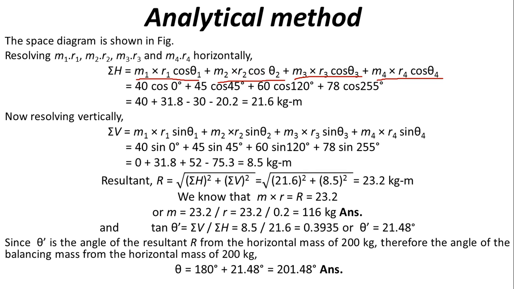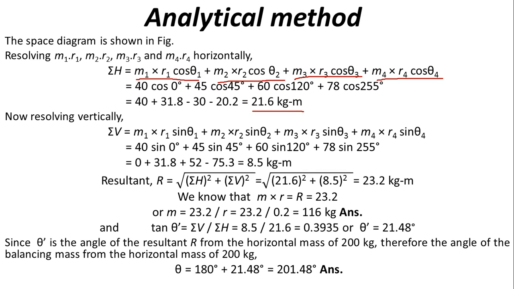So substitute the values. You will get the summation of horizontal forces in kg meter, because mass into radius you are taking, so mass is in kg and r is in meters. So you get the summation of horizontal force as 21.6 kg meter.